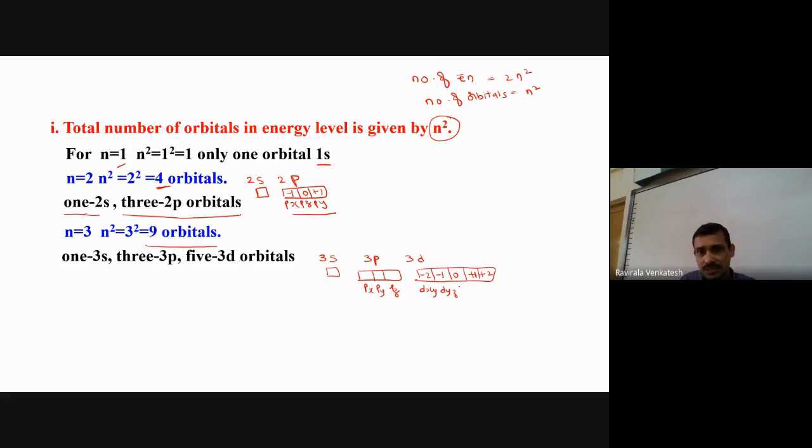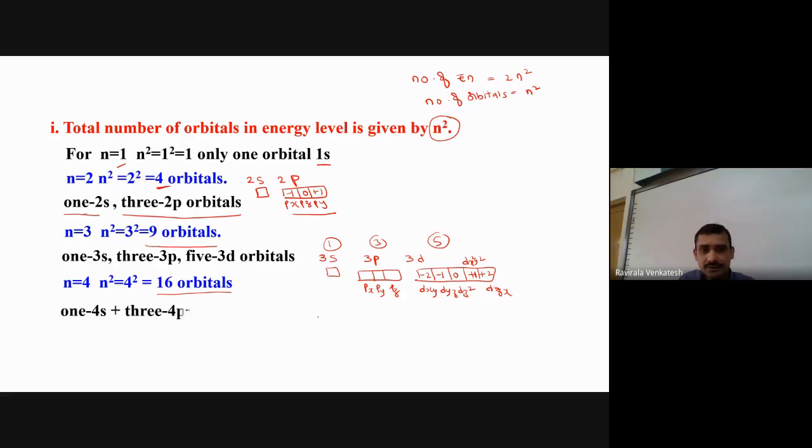This will be dz square, this will be dx square minus y square, this will be dzx. In this way, we can write 9 orbitals: 5 from here, 3 in this, 1 in this. Total 9. Similarly, for n equal to 4, 16 we can write here.